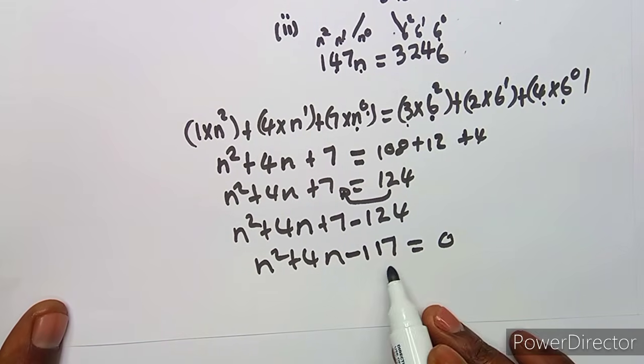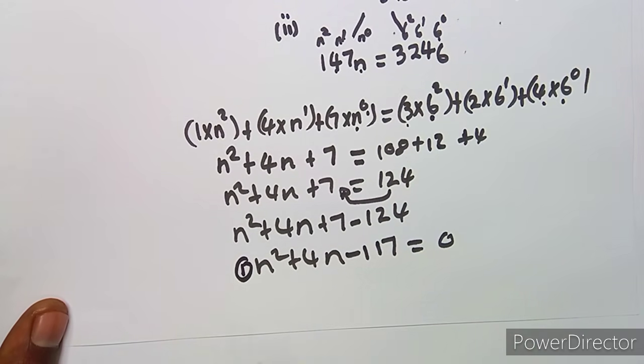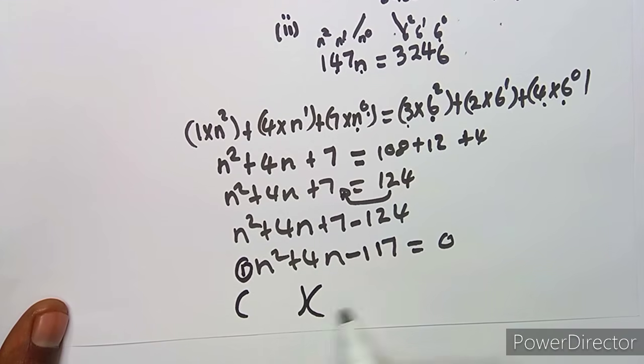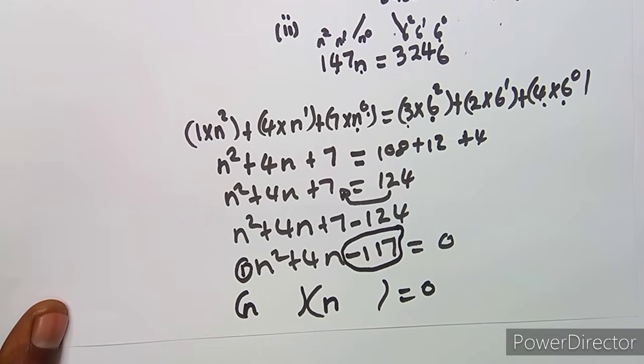So applying factorization, since the coefficient of n squared is 1, what you simply need is two brackets. Remember, guys, what I told you: insert n and n here, then you focus on minus 117. What are the factors of minus 117 that you're going to add to obtain 4?